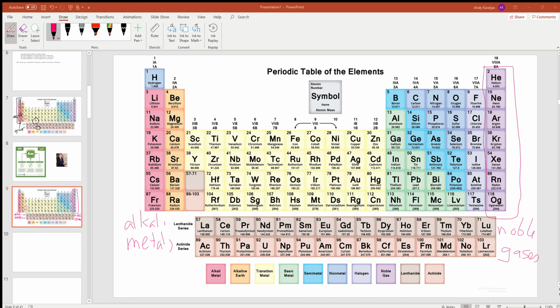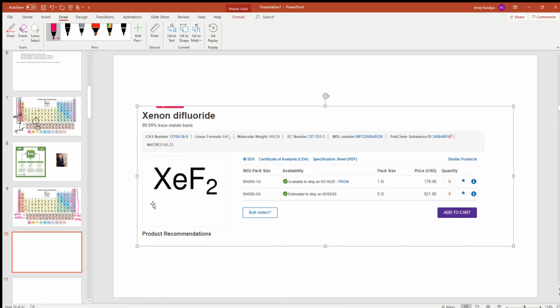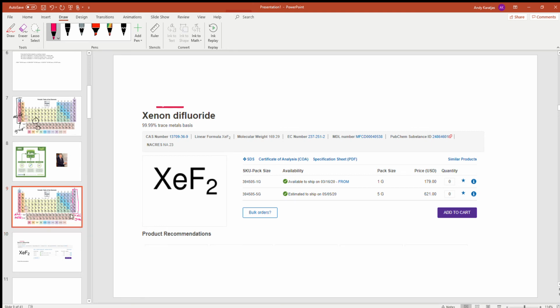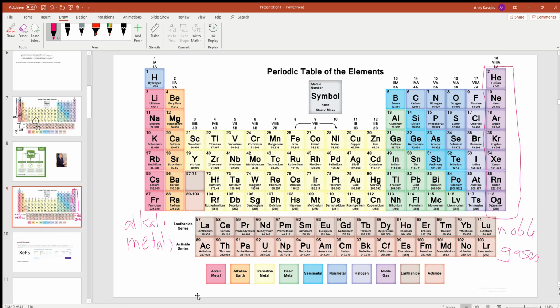And we can see an example of that here. So the following image comes from Sigma Aldrich. Sigma Aldrich is a chemical supply company. And if you look at your periodic table, one of the noble gases, number 54, is xenon.